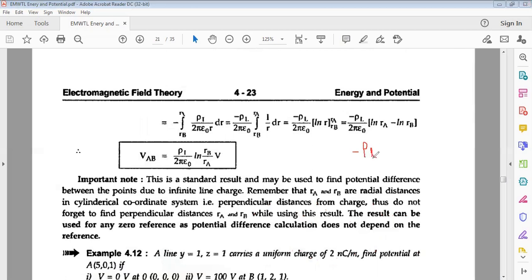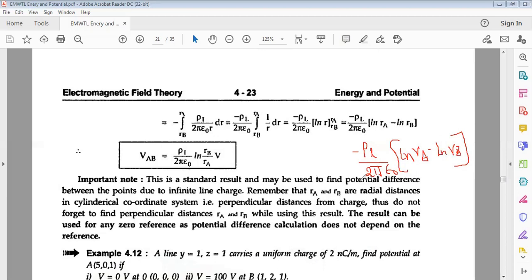So minus rho L by 2 pi epsilon naught times ln of upper limit RA minus ln of lower limit RB.